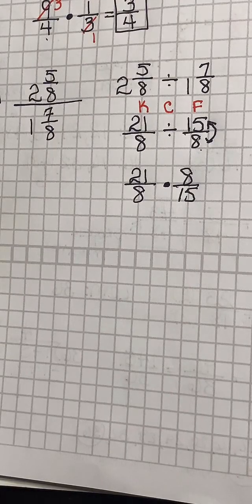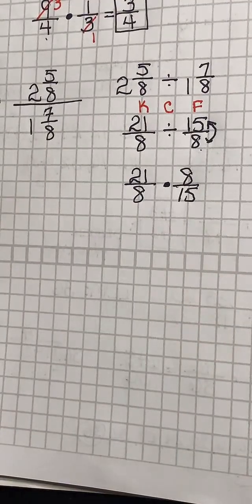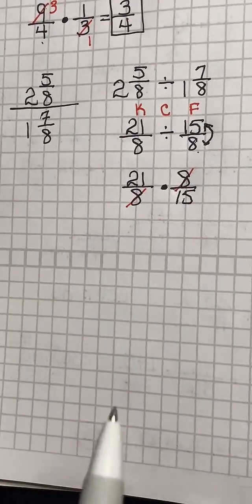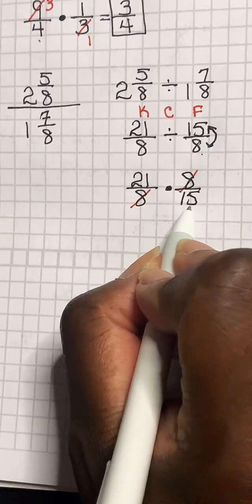All right. So now we notice that they both have 8s. One in numerator, one in denominator. Those two cancel out. That means what's left over is my 21 fifteenths.